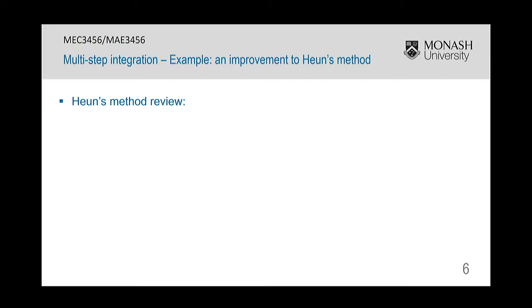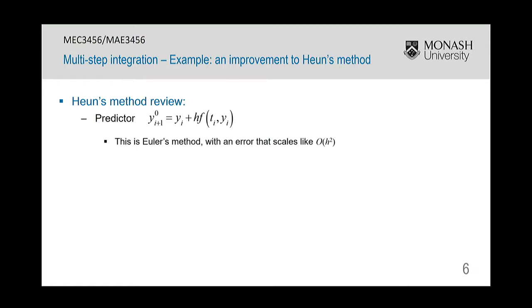We're going to illustrate this by way of example, and we're going to look at an improvement to Heun's method. So let's just briefly review Heun's method. In a predictor step, we calculate a new estimate using Euler's method, so y_{i+1}, and we use a superscript of 0, saying it's our 0th guess if you like, is equal to y_i plus h times the function value at t_i, y_i. That's the predictor. It's Euler's method.